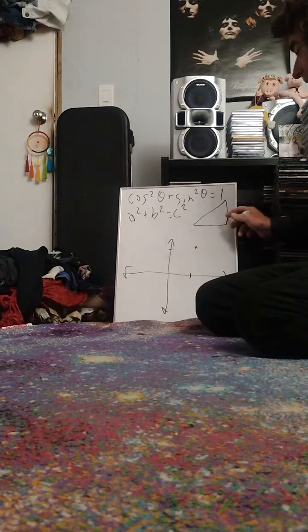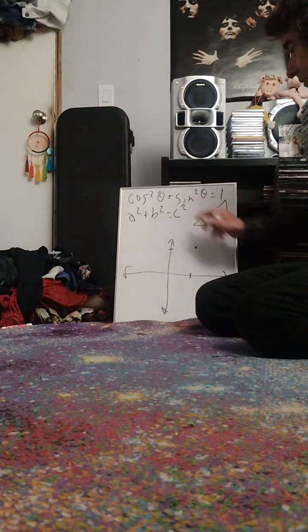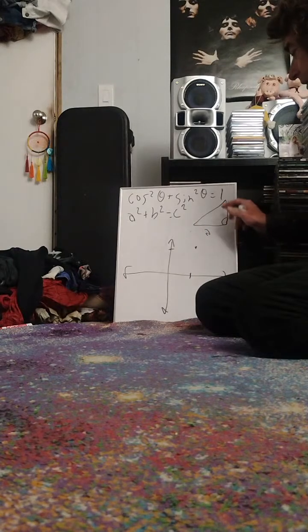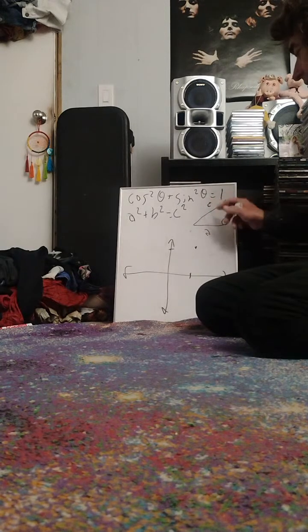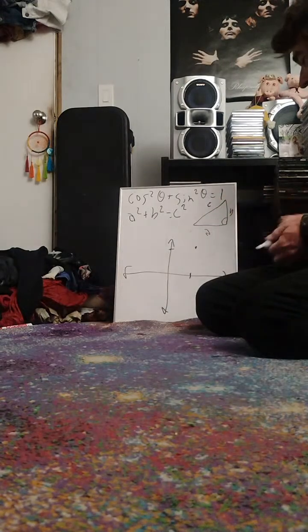So if this is your angle, then this could be A, this could be B, and this could be C. A squared plus B squared equals C squared means you have a right triangle where C is the longest side because it's opposite the right angle.